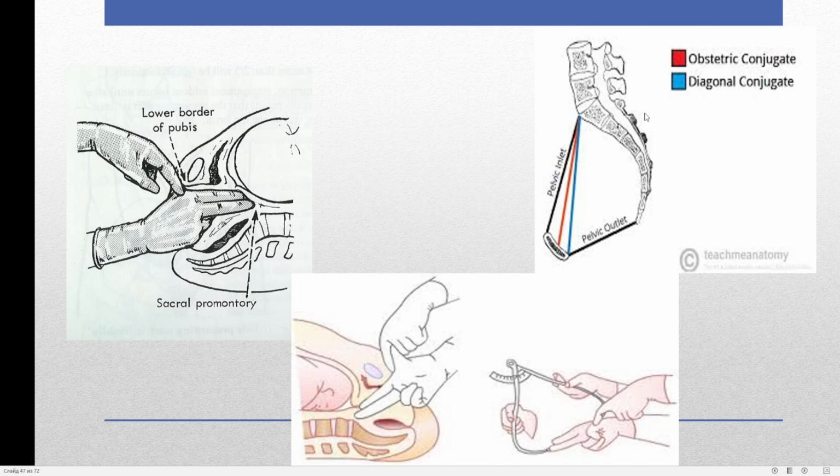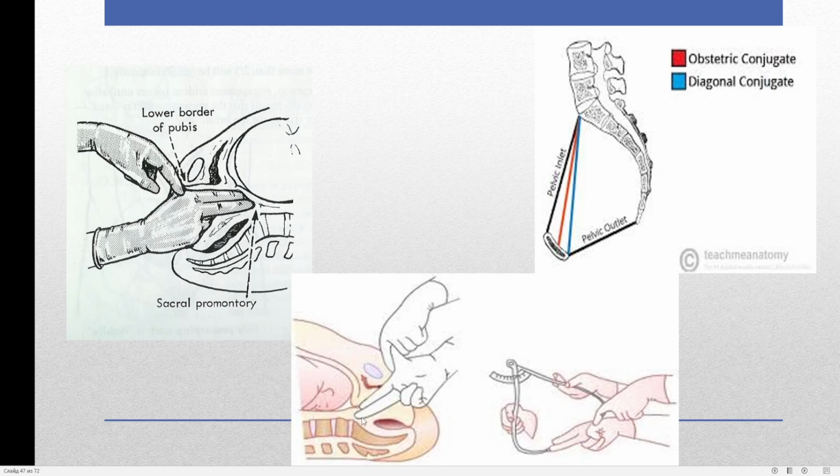I show again what the true conjugate is, what the obstetrical conjugate is, and what the diagonal conjugate is. In these pictures you can see how we measure the diagonal conjugate. We do it during vaginal examination.